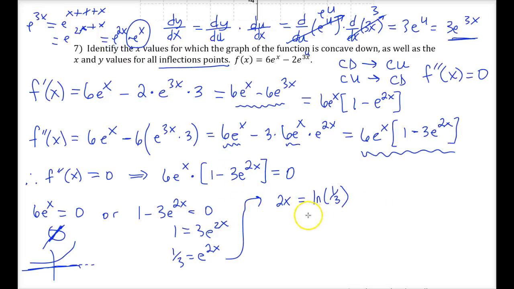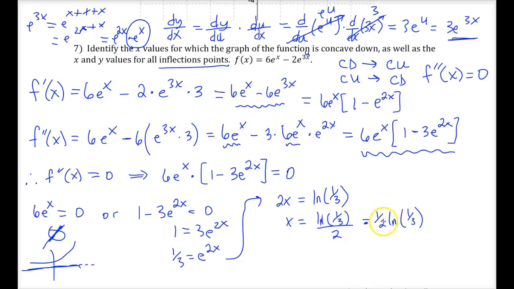And if we do that, then of course, if we divide both sides by 2, we would get natural log of 1/3 divided by 2. And so that is what that value of x would be, where we have an inflection point. And so to make this a little bit more clear, I'm actually going to rewrite it this way.